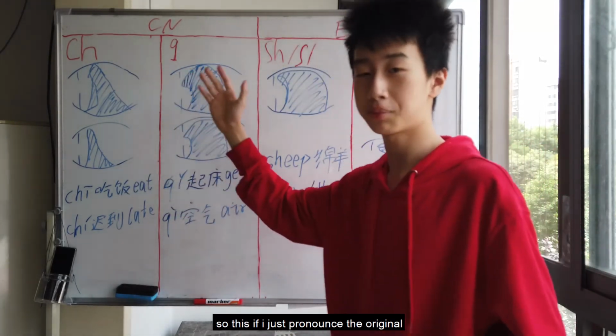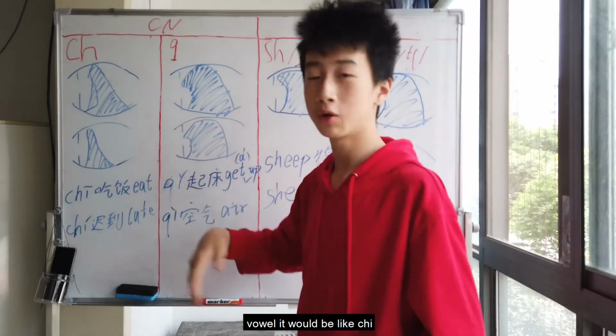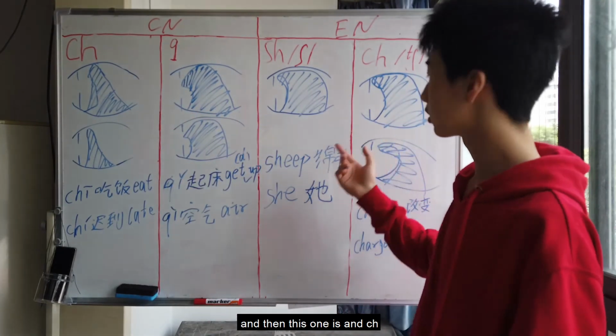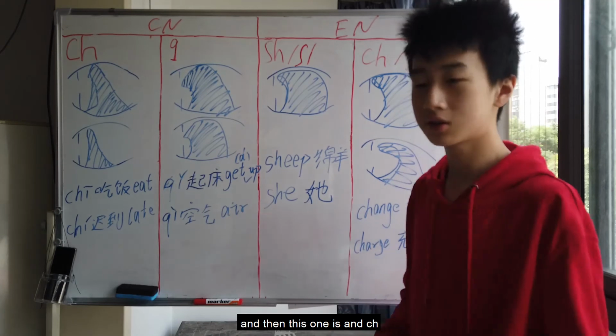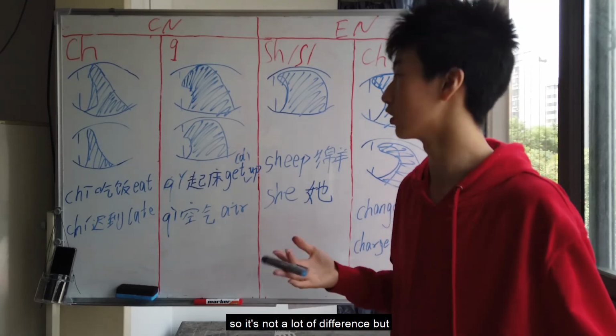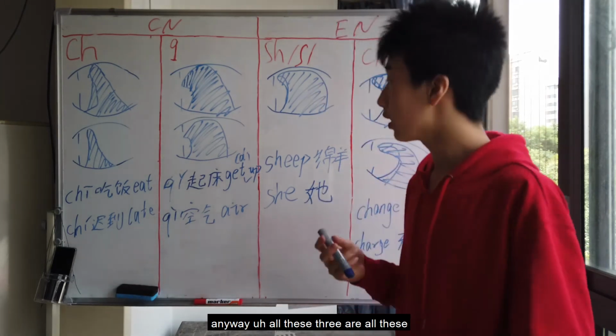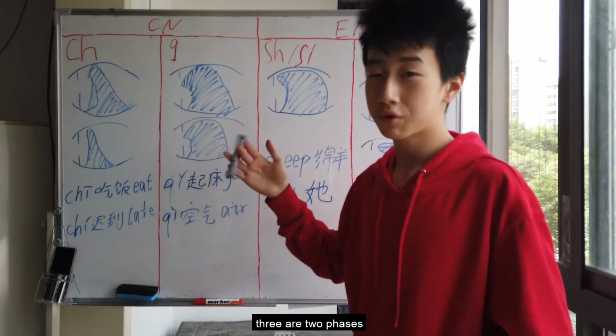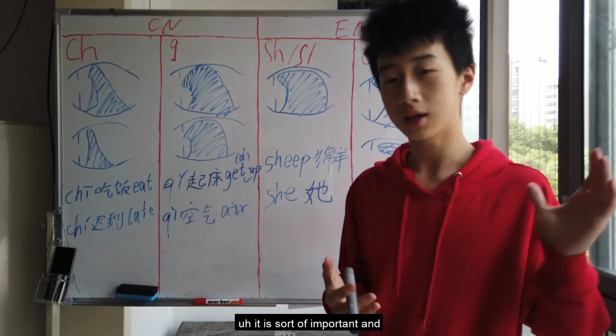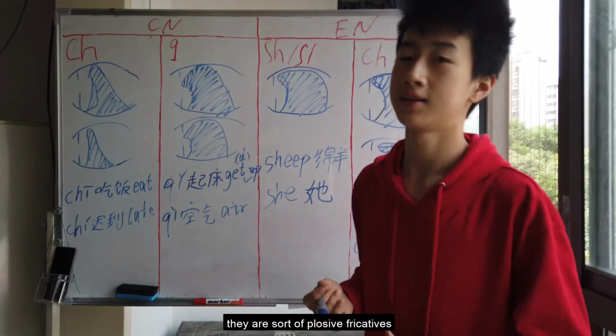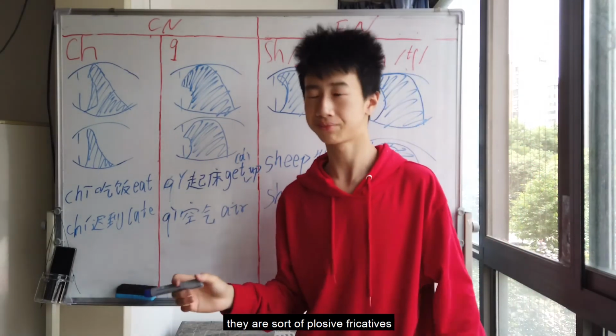So if I just pronounce the original vowel, it would be like ch, and this one is ch, and so it's not a lot of difference, but native speakers can still tell. Anyway, all these three are two phases. It is sort of important, and they're sort of plosive fricatives.